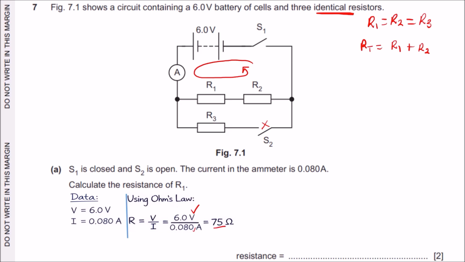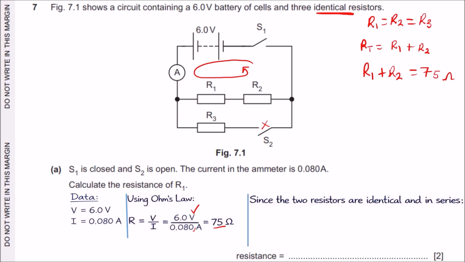So in other words, we can safely say resistance R1 plus resistance R2 is equal to 75 ohms, right? Since the resistors are identical and they are in series, R1 plus R2 is equal to 75. Since they are equal, we double R1. We are going to find 75 divided by 2 is equal to 37.5.